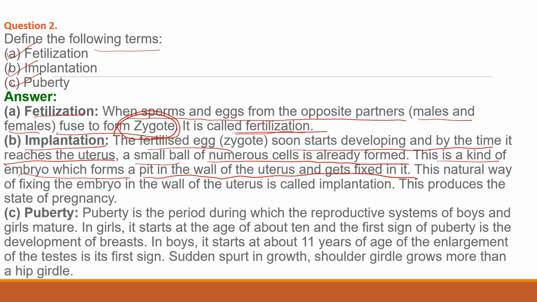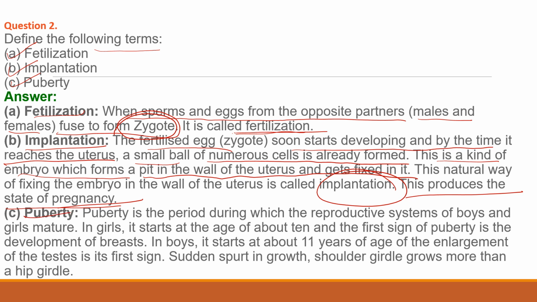This natural way of fixing the embryo in the uterus wall is called implantation. This produces the state of pregnancy. Once the embryo is fixed inside the wall of the uterus, the woman is said to be pregnant. So this is the implantation process.